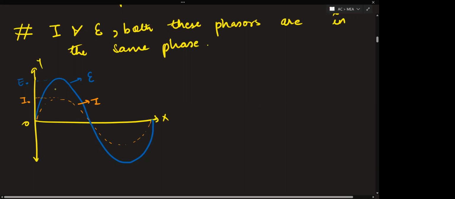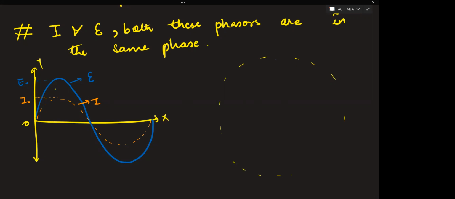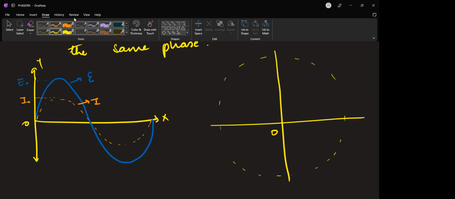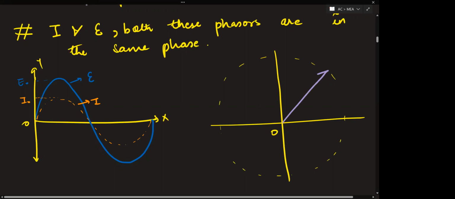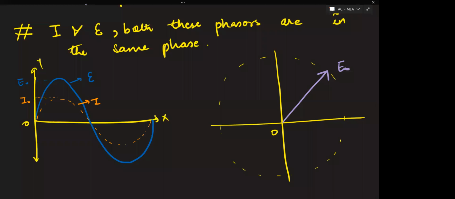Now, how to represent it on the phasor? In the case of the phasor, if this is E naught, we are just assuming that the magnitude of E naught is greater.